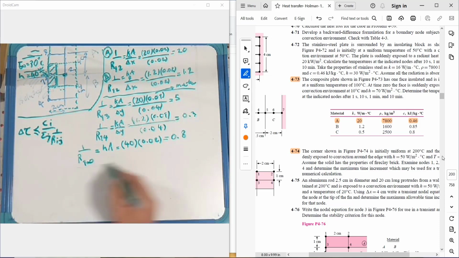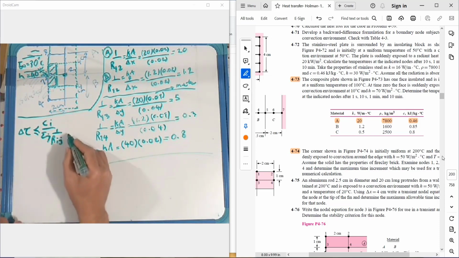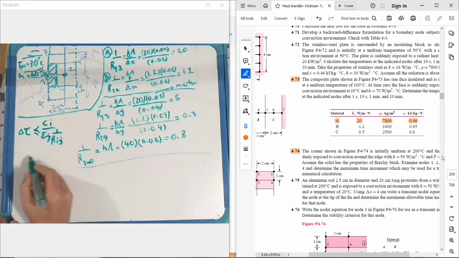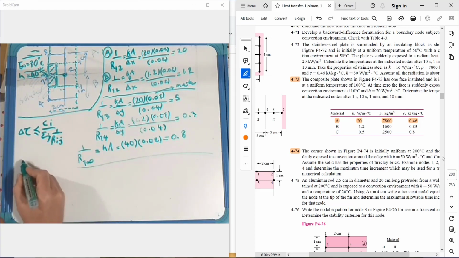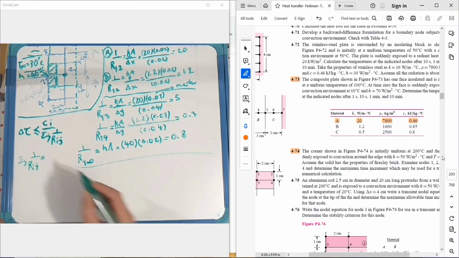These are resistances of 0.1 as we discussed before. But we should calculate the denominator of 0.1. Let me write it: sigma j of 1 over R1j.